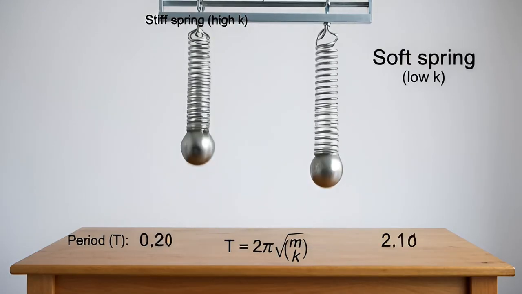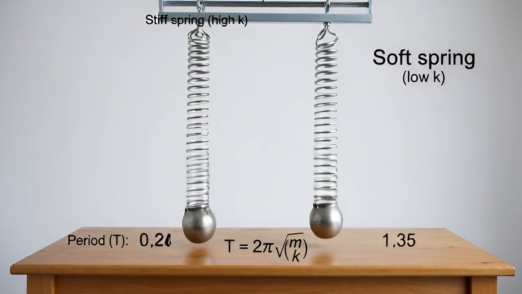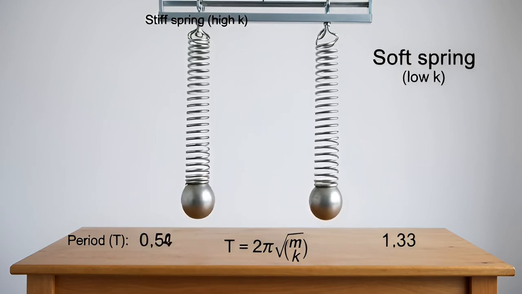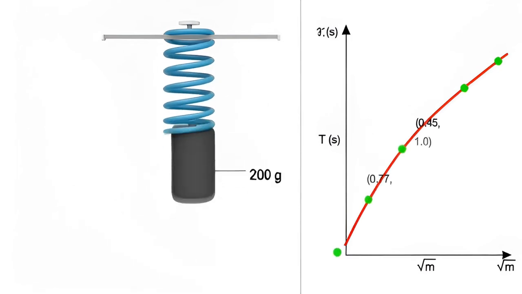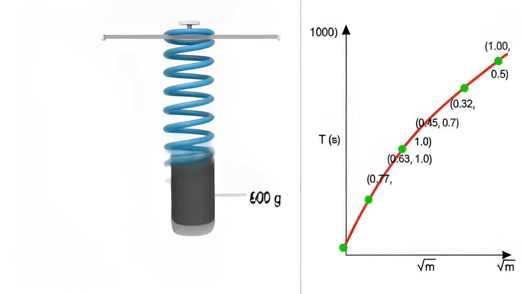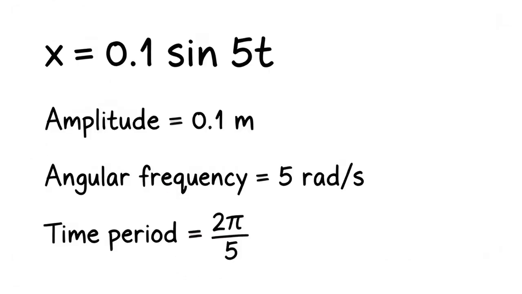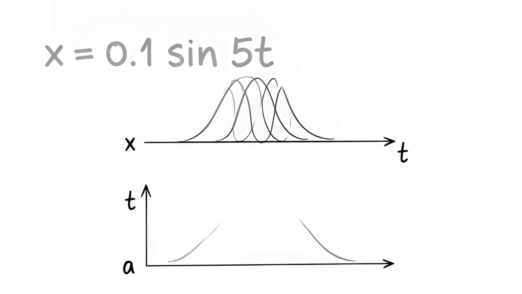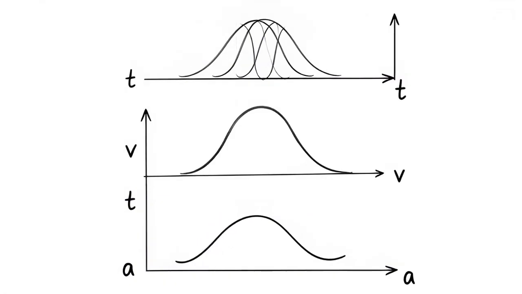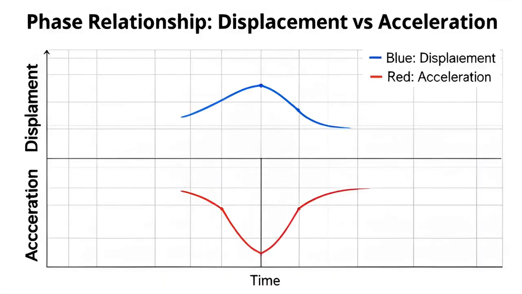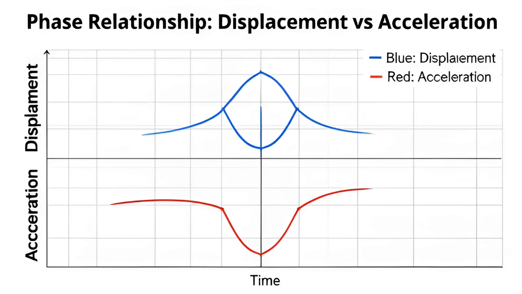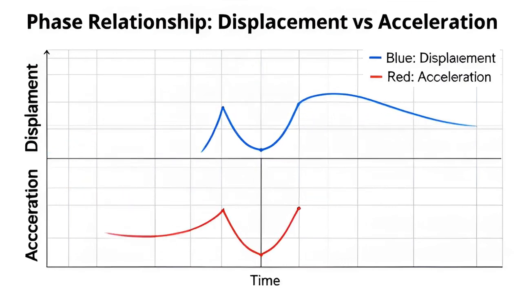Now, let us build the complete mathematical picture of SHM. The displacement of a particle undergoing SHM at any time t is given by x equals A times the sine of the quantity omega t plus phi, where A is the amplitude, omega is the angular frequency, and phi is the initial phase, which accounts for the position and direction of the particle at time 0.